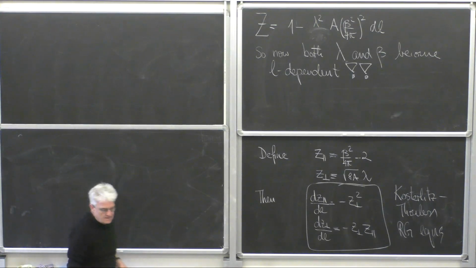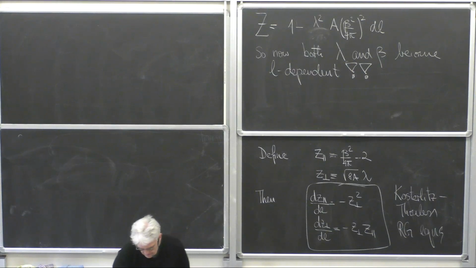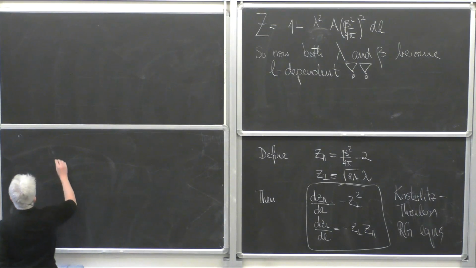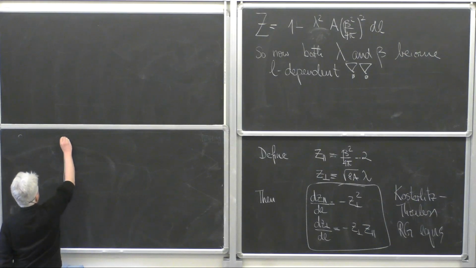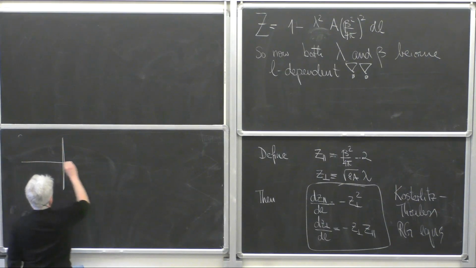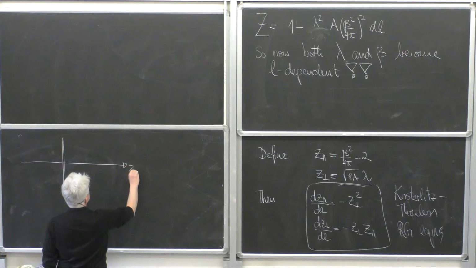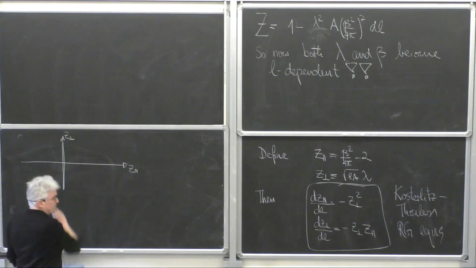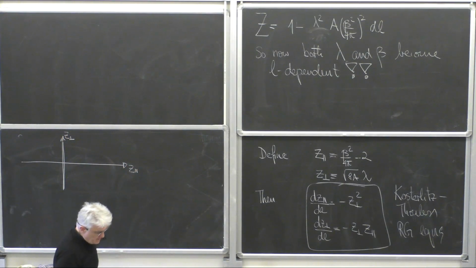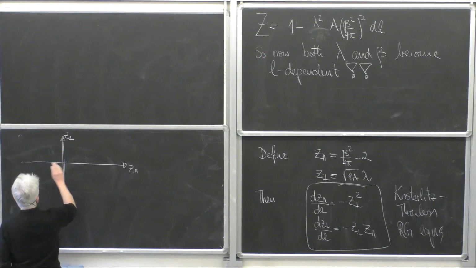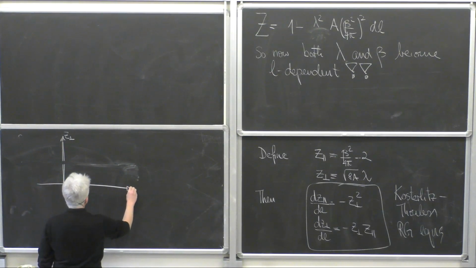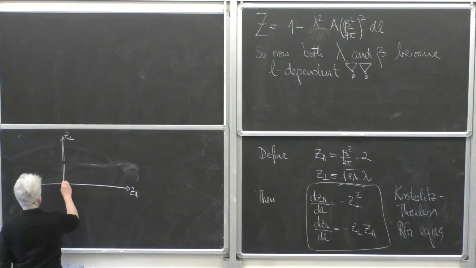Okay. So now, if you look at the RG flow diagram, so we write here Z parallel, here Z perp, and so here would, well, let's do it like this actually. Let's just look at half of it. So here is 0.